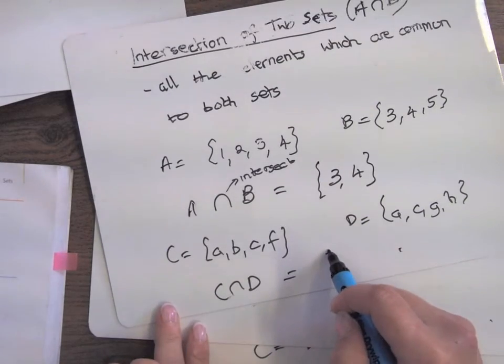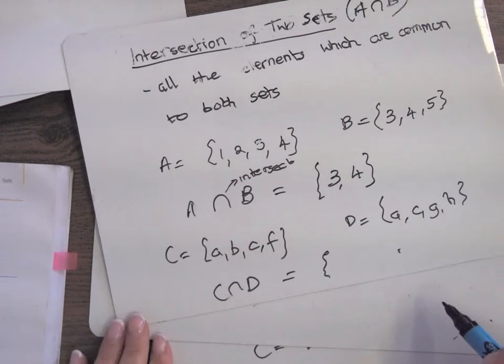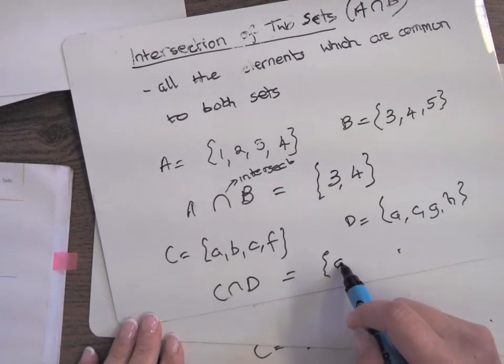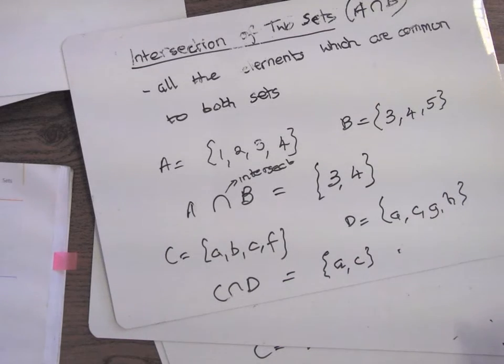What's in both C and D? Answer? A and C. Yeah. Okay? Is that right? Got intersection. Are we good?